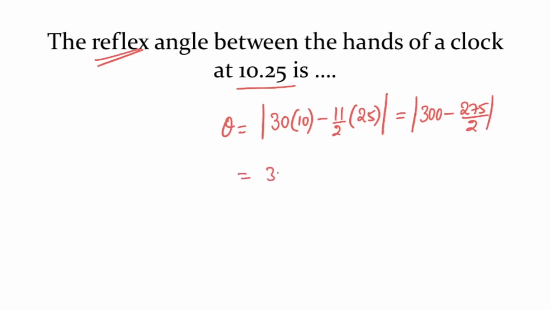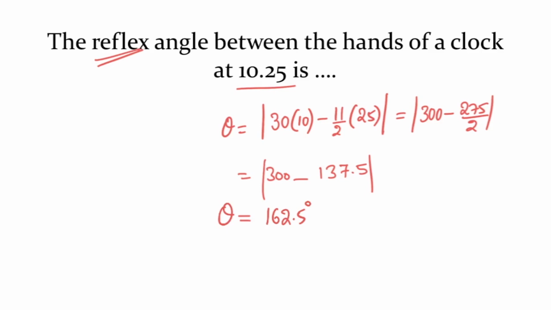That is 300 degrees minus 275 by 2, which is 137.5. So how much angle is left? That is 162.5 degrees. So the angle between the hands is 162.5 degrees.